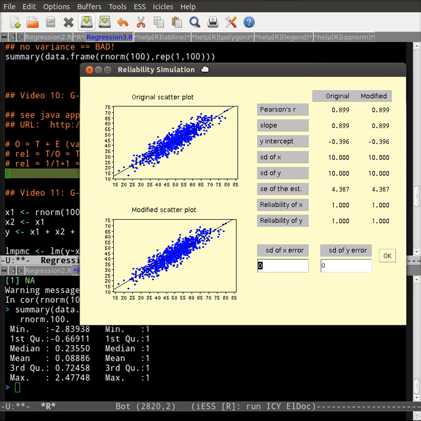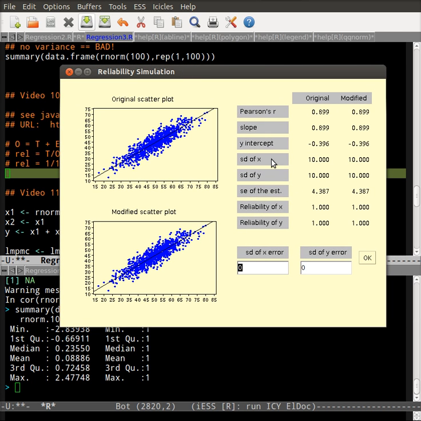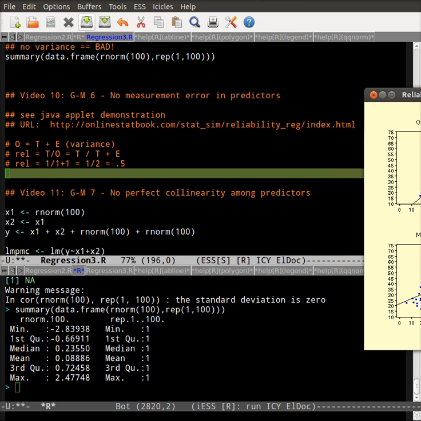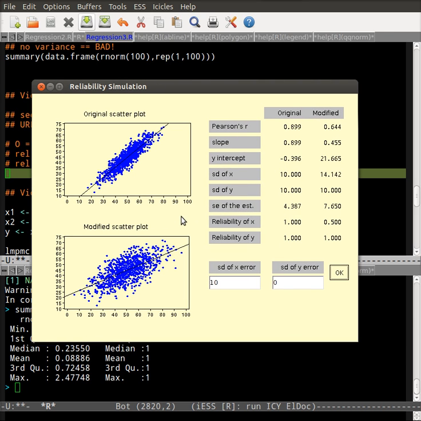So here is a simulation, and you can see here the standard deviation of x and y are both 10. So what happens if I include an extra 10 in the standard error of x? I'm decreasing the reliability of x, because remember, this is the standard deviation, and because it's matched by standard deviation, even though my formula relates to variance, we can do one part to one part.